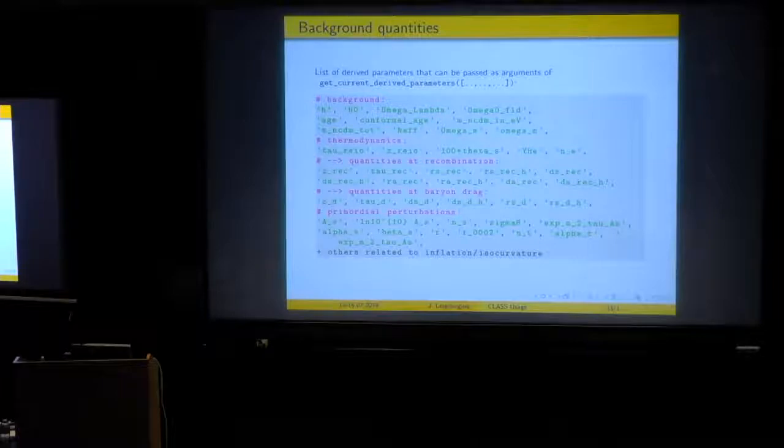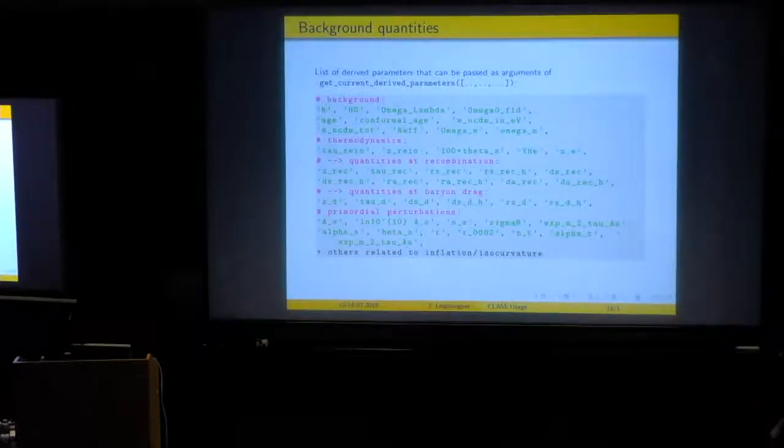And this will give it to you in electron volt in some other units. N effective will be determined for you by summing up the contribution of the massless neutrino and the massive neutrinos. Omega m by summing up all the non-relativistic species. So it's interesting to extract them after CLASS computes.